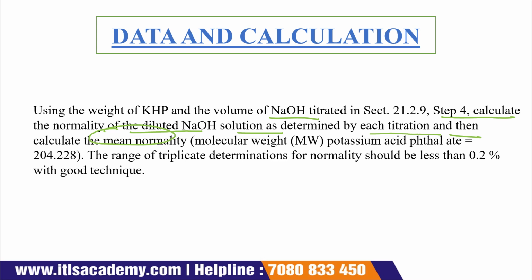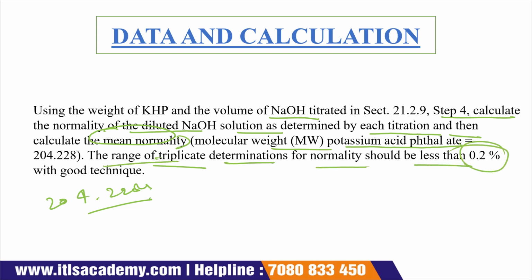The molecular weight of potassium acid phthalate is 204.228 gram, and the range of triplicate determinations for normality should be less than 0.2% with good technique.